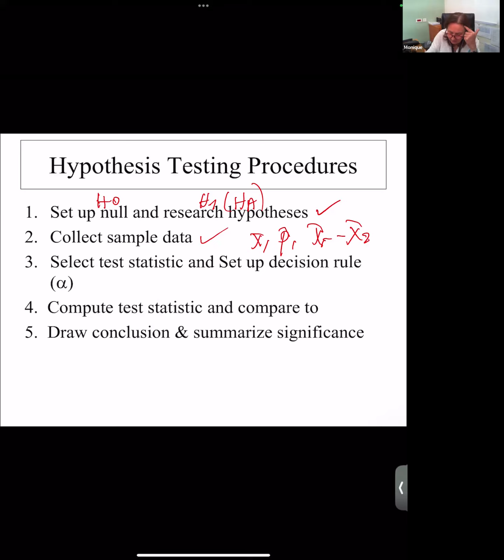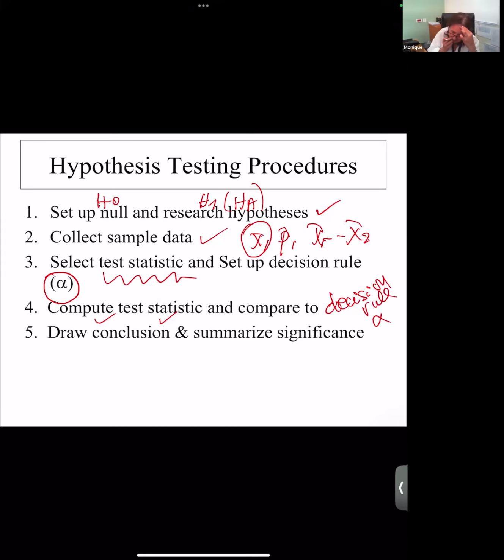You select the test statistic to prove whether this X bar is truly away from the mean under H0. You decide on alpha, which most of the time is 5%. You compute the test statistic and you compare to the decision rule, which means alpha. Okay, and then you draw conclusion and you summarize the significance.